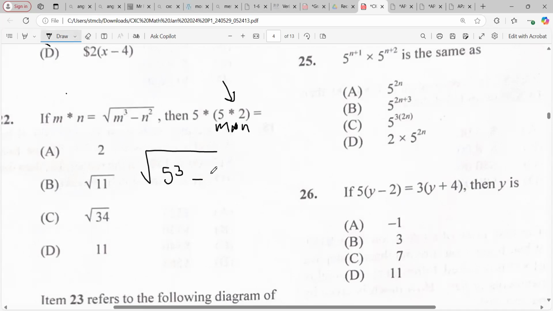All right, so this would be 2 squared. 5 times 5 times 5 would give us 125, minus 2 times 2, which is 4. Don't forget your square root, right? So we're going to find the square root of these.